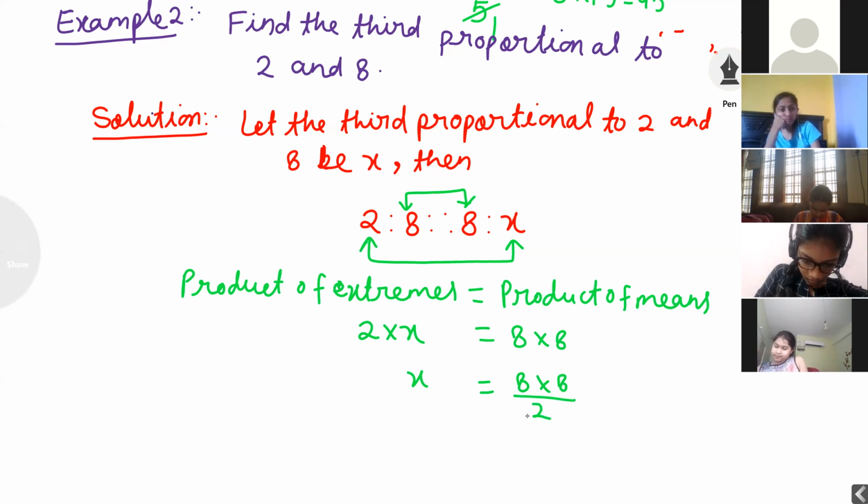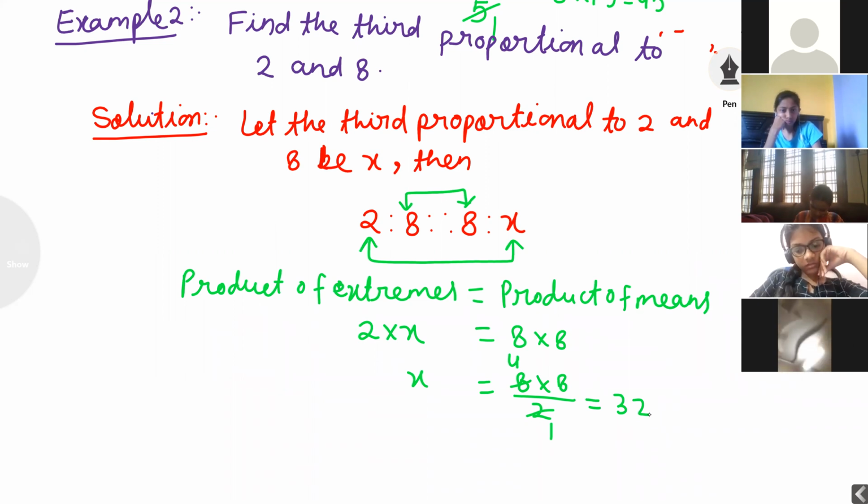Multiplication becomes division. 2 ones are 2, 2 fours are 8, 8 fours are 32. Hence, the third proportion is 32.